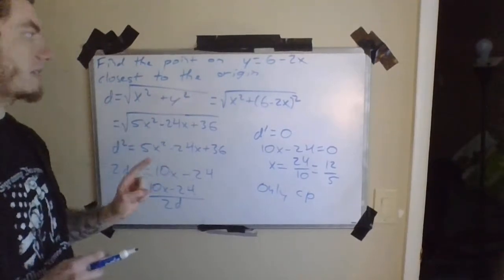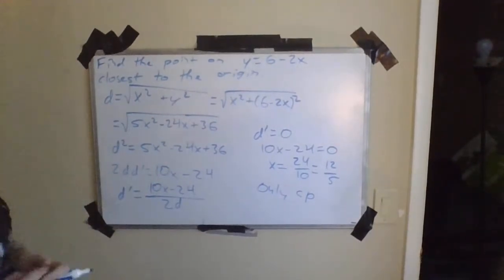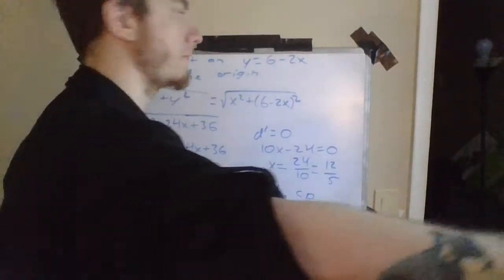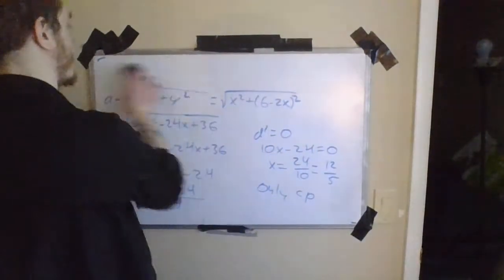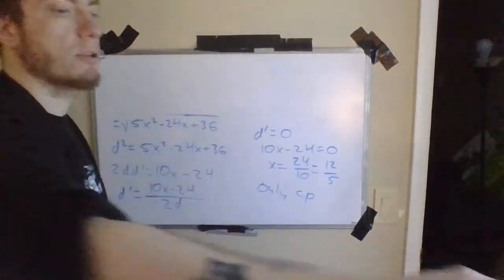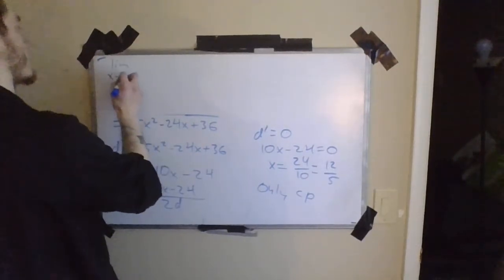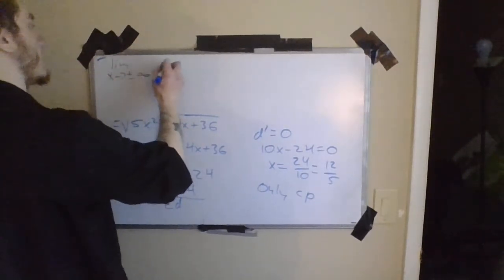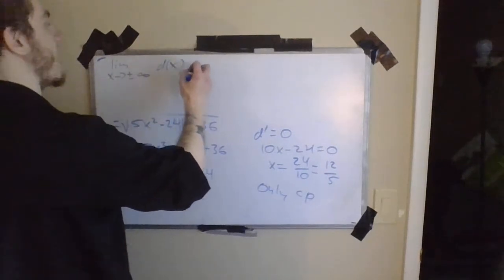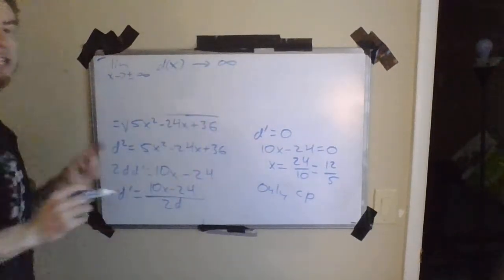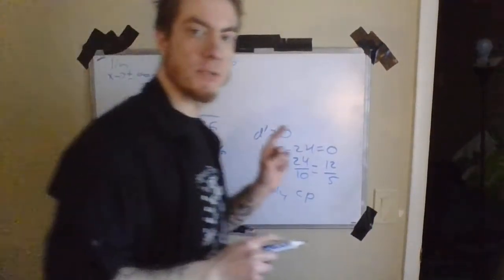And the other thing that I can notice is that in the limit, as x goes towards plus or minus infinity, d as a function of x also approaches infinity on both sides.